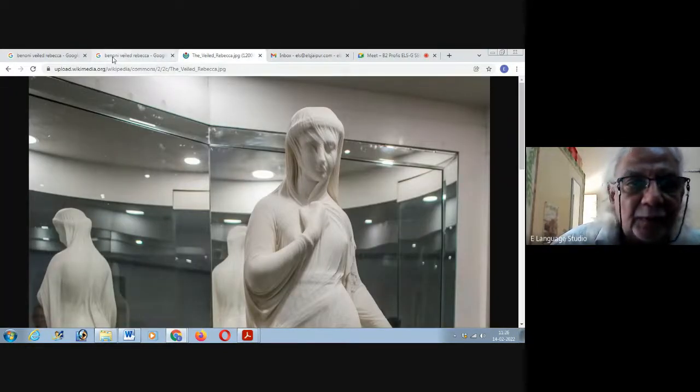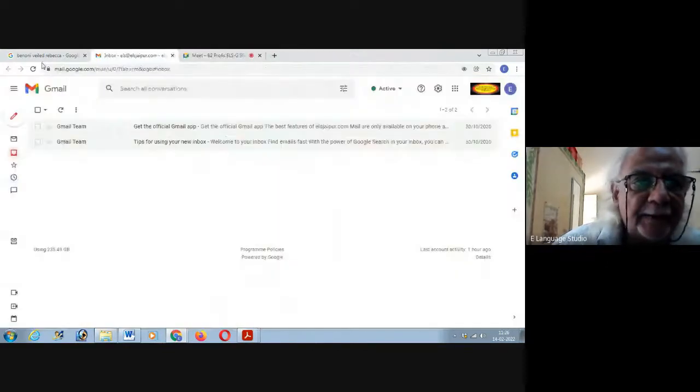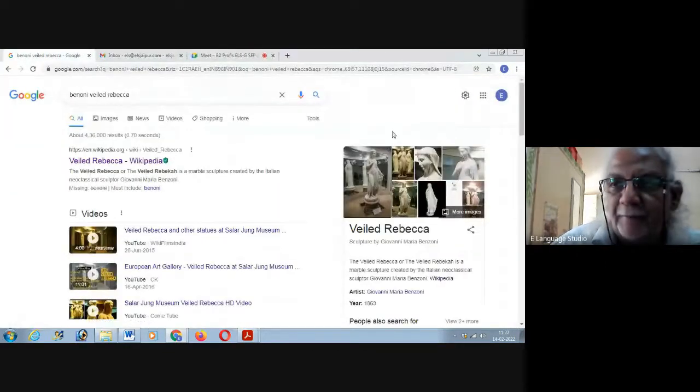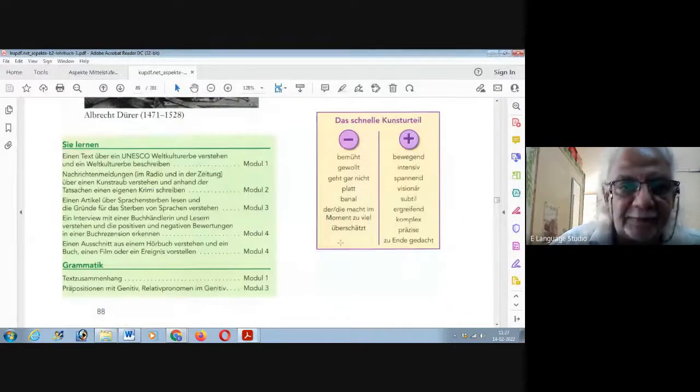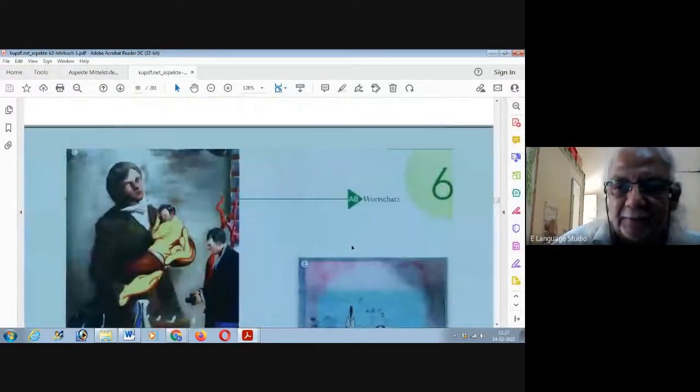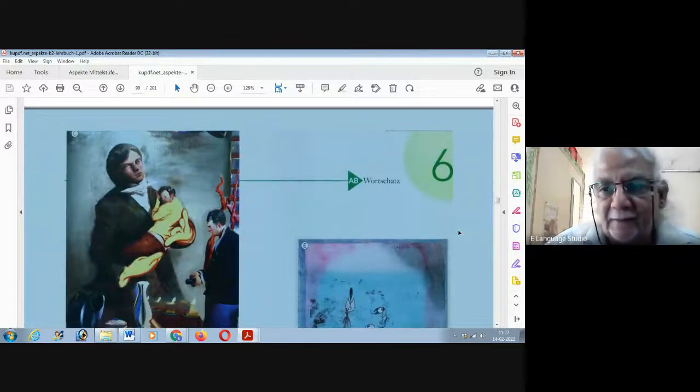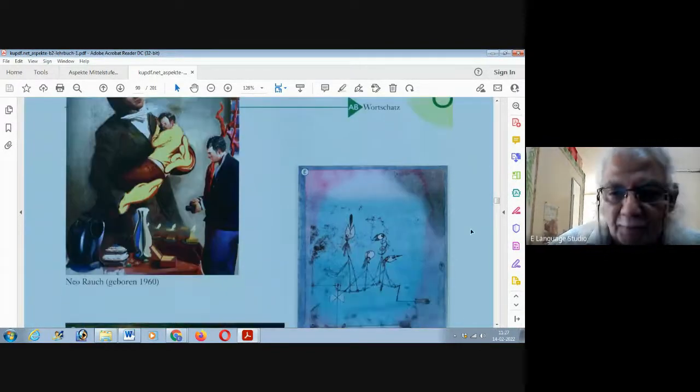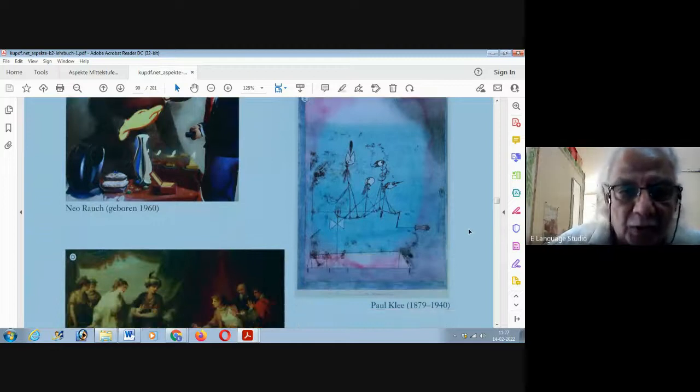So es gibt, this is dann Kunst. Wir sprechen von europäischer Kunst hier. So wenn wir sagen Kunst, und wir haben das Wort Kunst vor uns, also diese Lektion, das ist ein bisschen kulturelles hier als Information, oder Paul Klee, Neo Rauch auch.